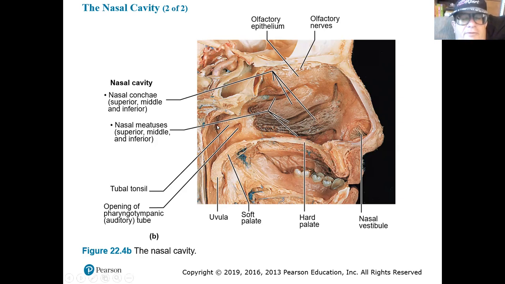It will cut off the nasopharynx from the oropharynx. You don't want to swallow and laugh and talk while you're drinking and get soda up in your nose. If you've ever done that, oh my God, it hurts. So the uvula is supposed to stop that from happening.